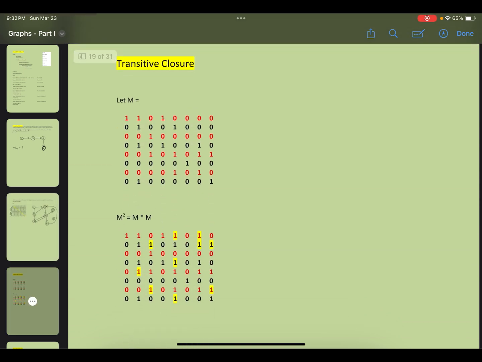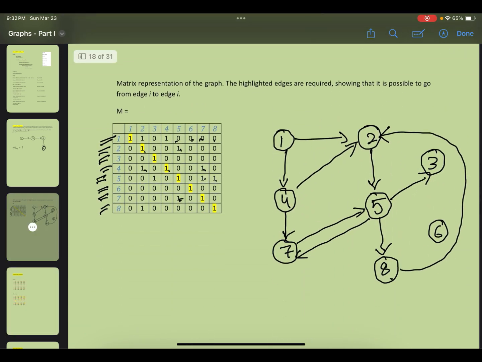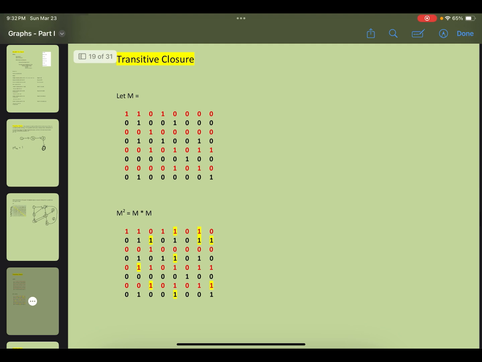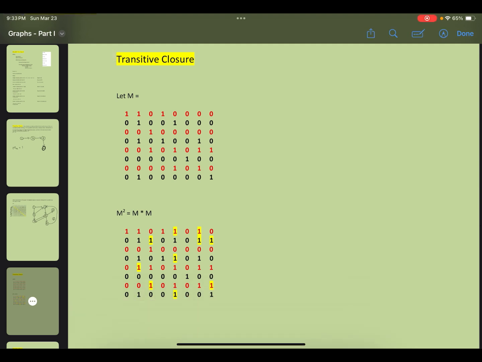So we have the transitive closure here. This is the same adjacency matrix which we saw up above, so we are going to write it down here, and here we will compute the value of M squared.